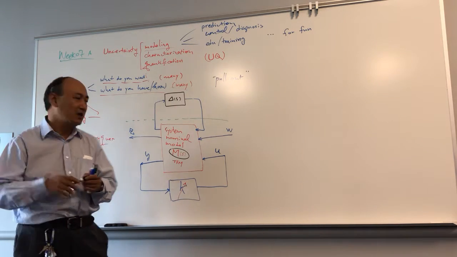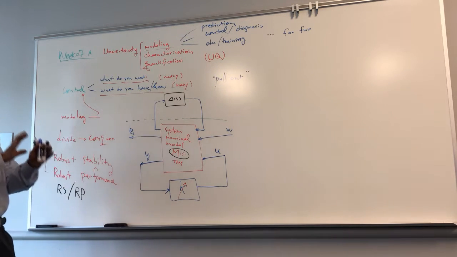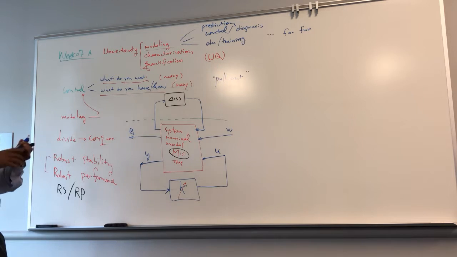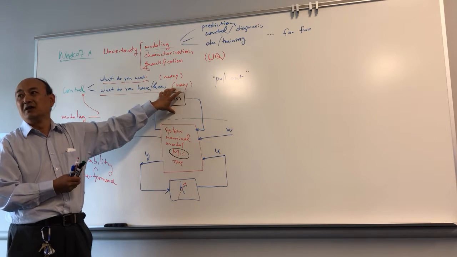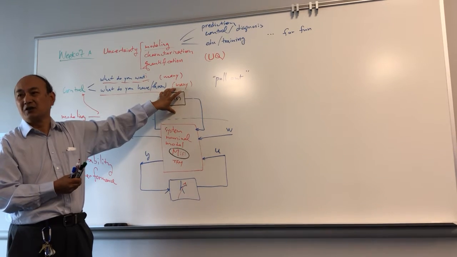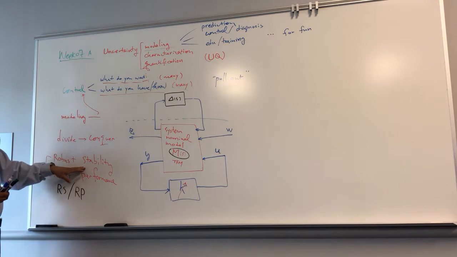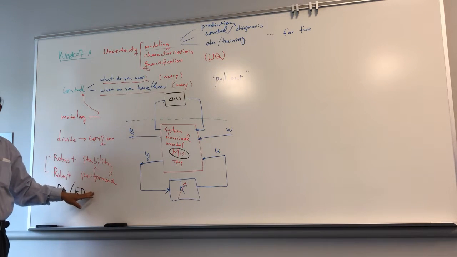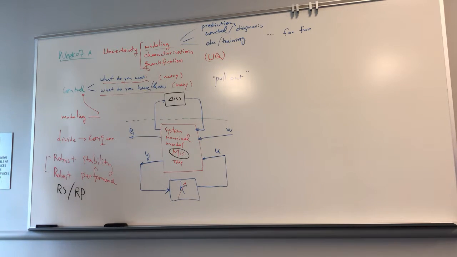The same question. Then we can say, under the stability condition, what's the biggest size of this one? How much uncertainty can I tolerate such that I can remain stable, remain within my performance index? So this is called the RS and RP problem, robust stability and robust performance.